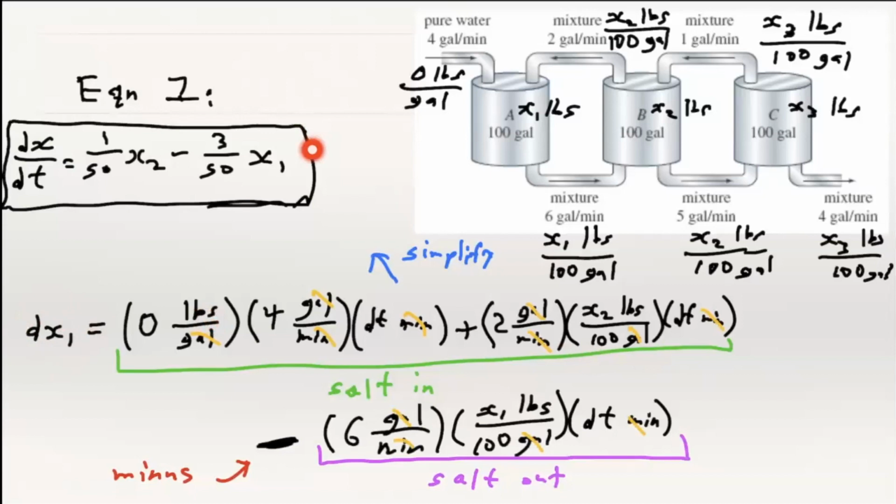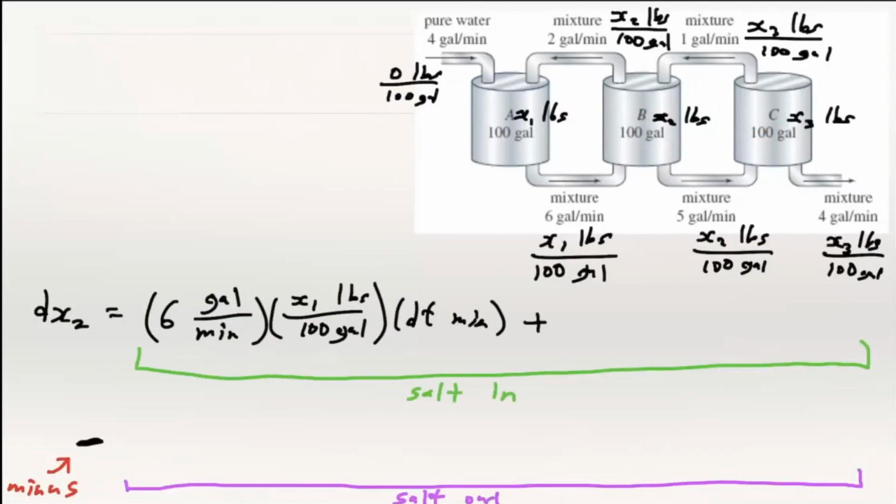Okay, so now we do the exact same thing for tank B and tank C. And for each of those, we'll wind up with another equation. As always, it'll be salt in minus salt out. Tank B has the most going on. There are 2 sources coming in and 2 sources going out. So the first source coming in, that's 6 gallons a minute with a concentration of x1 pounds per 100 gallons.